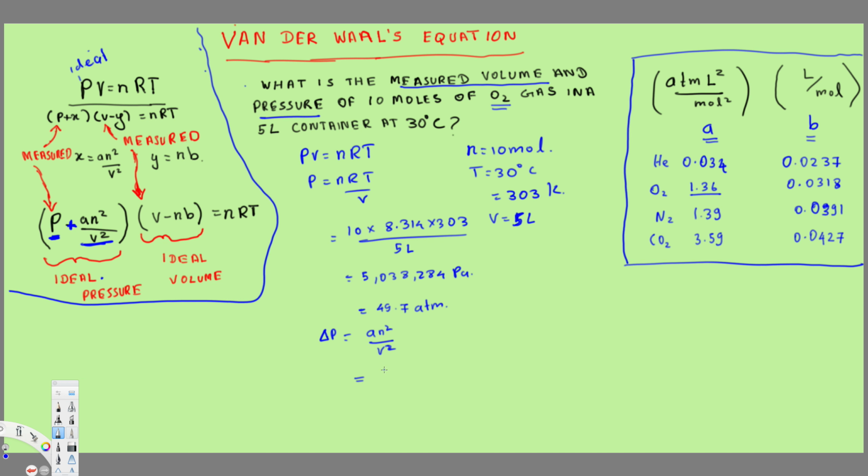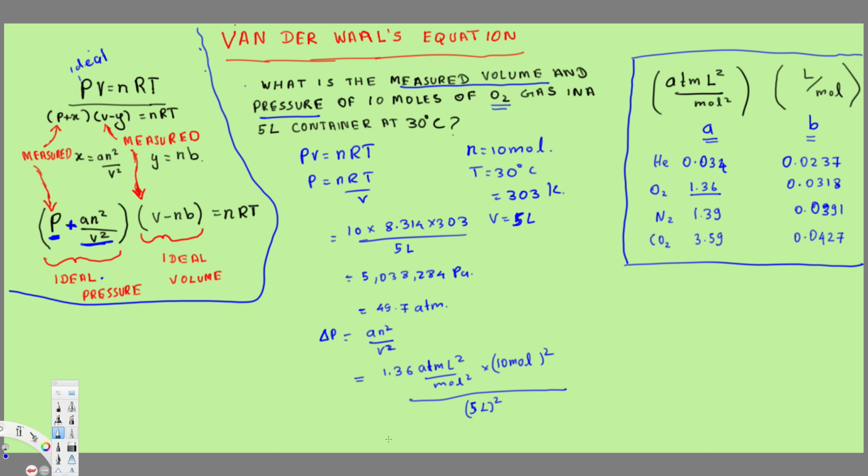So this is going to be 1.36 atm liter squared per mole squared, multiplied by n squared, that is 10 moles squared, divided by V squared, that is 5 liters squared.